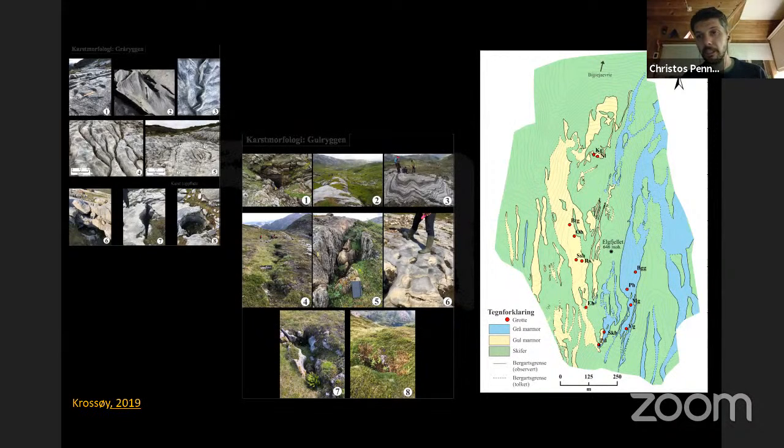This is how the blue-gray band looks, and here is how the yellow-gold marble band looks. And this is the outcome, the map that came out after the evaluation of the photogrammetric data.